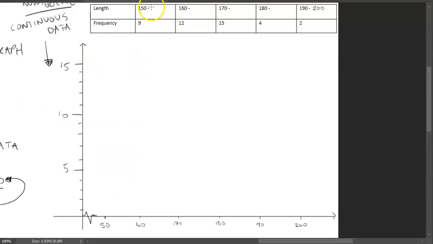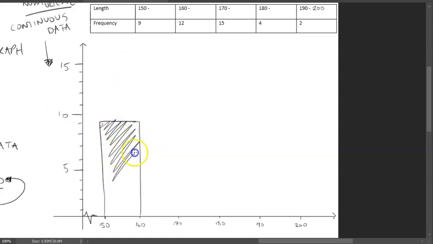So between 150 to 160, we're not including 160, we know that 9 of these people had an arm span in between 150 to 160 centimeters. And that is going to be our first bar for the histogram.